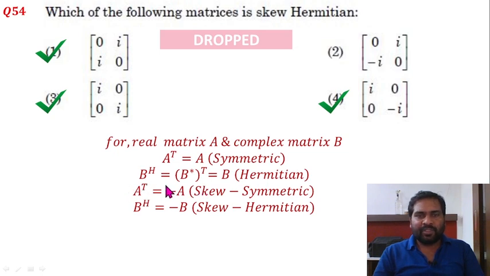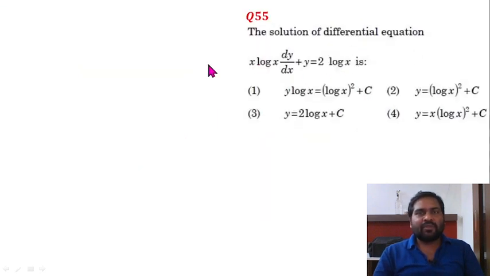For skew symmetric, the transpose of a real matrix equals minus A. Similarly, for a complex matrix, when the conjugate transpose of matrix B equals minus B, then it is skew Hermitian. Options 1, 3, 4 are skew Hermitian, that's why this question is dropped. Option 1 should be the correct answer, but here 3 is going to be correct, and option 2 is a Hermitian matrix.